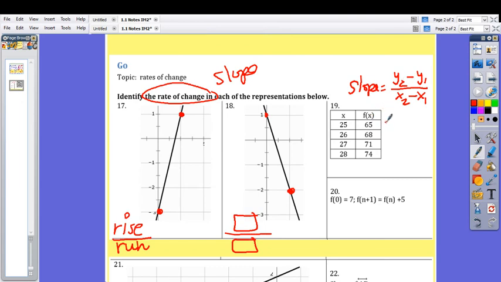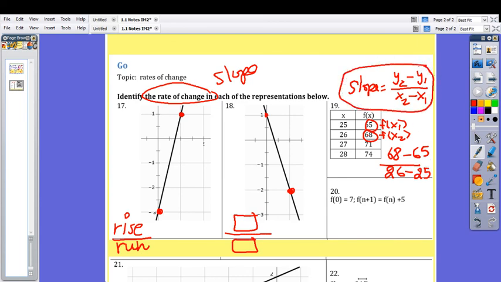So this is your f of x1, this is your f of x2. So then you will be calculating slope by you will do 68 take away 65 over 26 take away. So basically we use this to calculate that. Same thing you will be doing here. So try it.